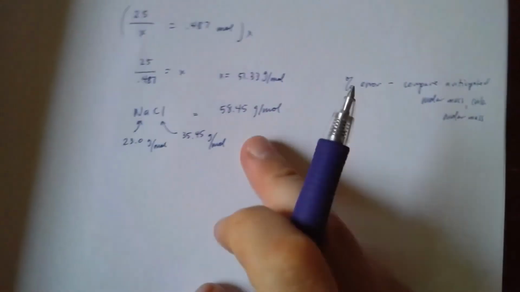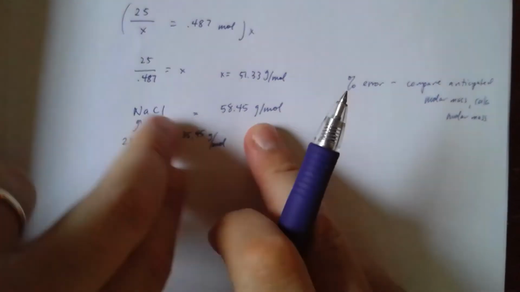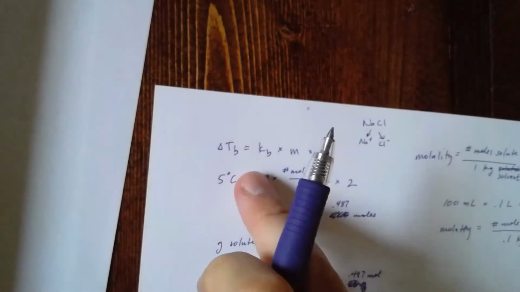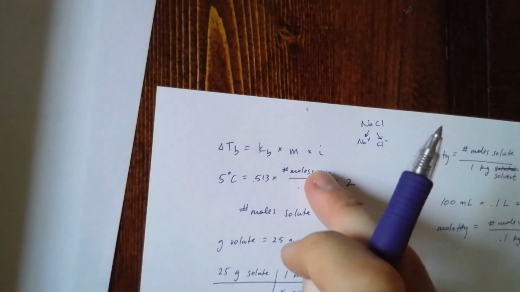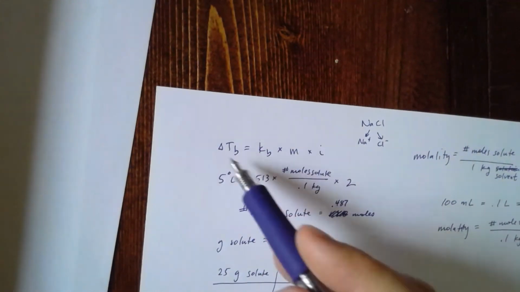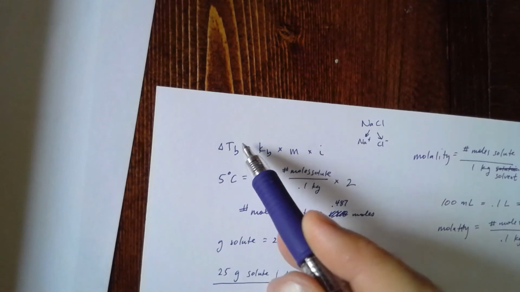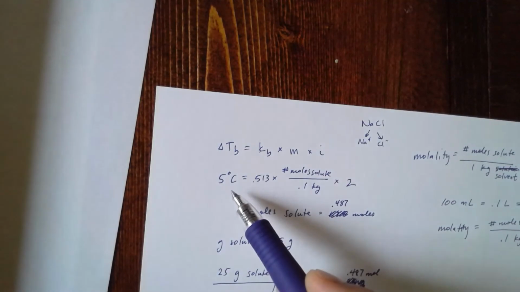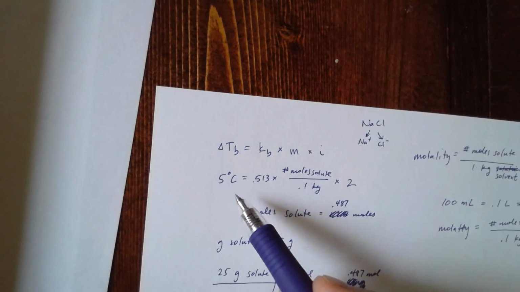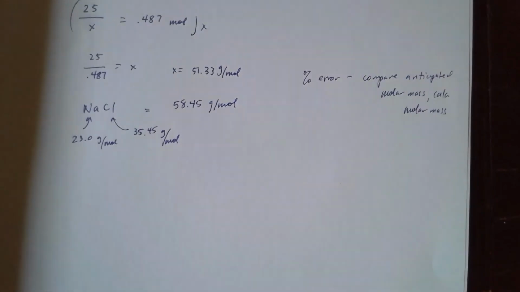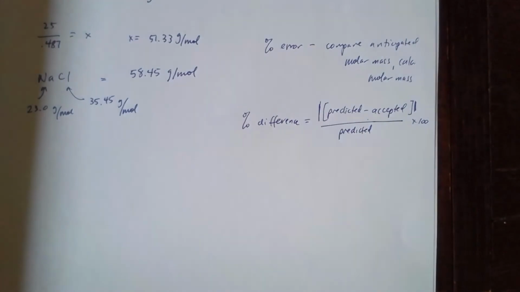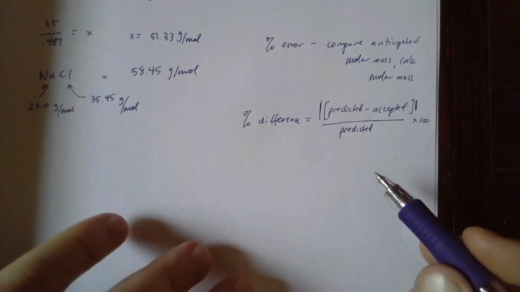Or we could plug this into this equation and calculate what our change in temperature should have been, and then look at what our change in temperature actually was, and work that out. I think they should be the same percent error because they're all using the same numbers. So let's look at that really fast. I just looked that up and was reminded that he calls it percent difference, not percent error, but that's a small quibble.